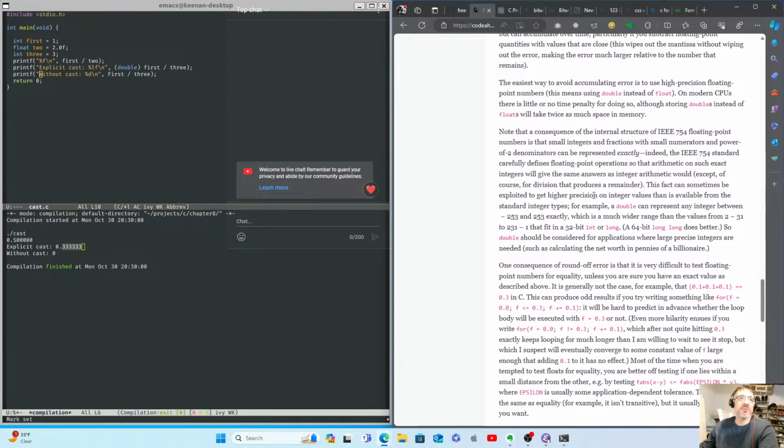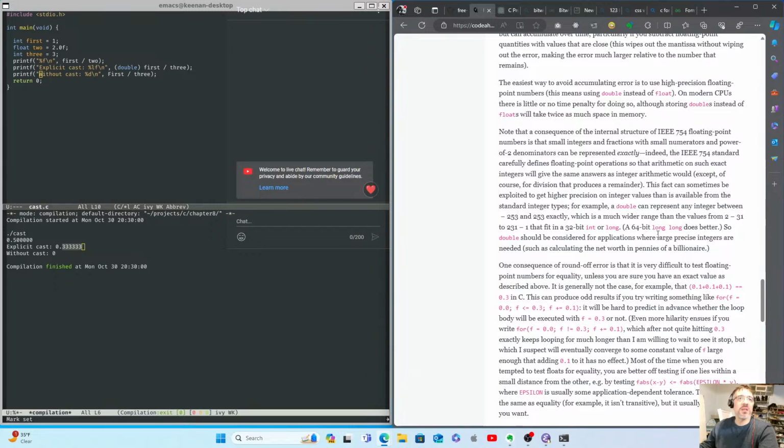This fact can sometimes be exploited to get higher precision on integer values than is available from the standard integer types. For example, a double can represent any integer between -2^53 and 2^53 exactly, which is a much wider range than the values -2^31 to 2^31-1 that fit in a 32-bit int or long.